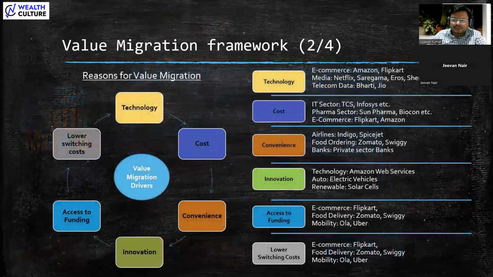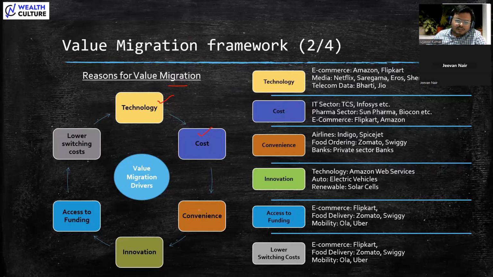We will cover why we see value migration happening, and you will relate to these concepts. So the reasons why value migration happens: it can be because there is a new technology, some sort of innovation. It could also be because there is a low cost offering in the market, which is more cost efficient than the existing products out there.